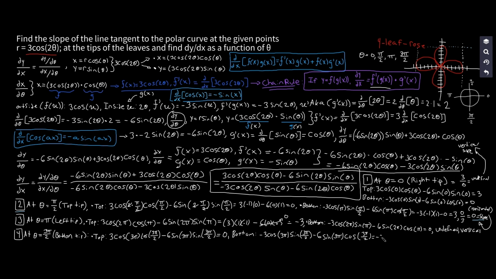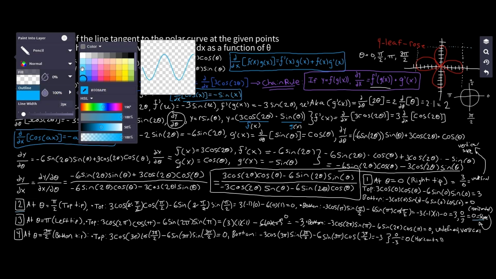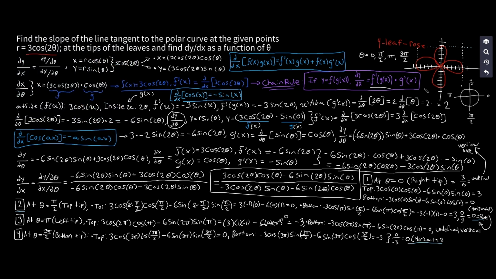And so that's going to be -3. And so our result, the slope, is going to be 0 divided by -3, which is 0, and that's going to be horizontal. Since we did blue for the other horizontal one, for the symmetrical piece there, we'll do blue again. So that's our slope, and we'll just do it like that.